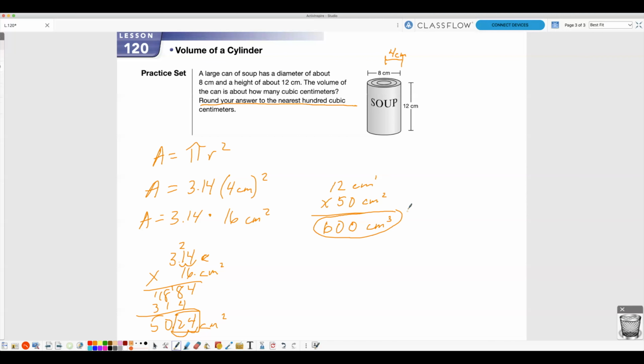So the volume of this can is approximately 600 cubic centimeters.